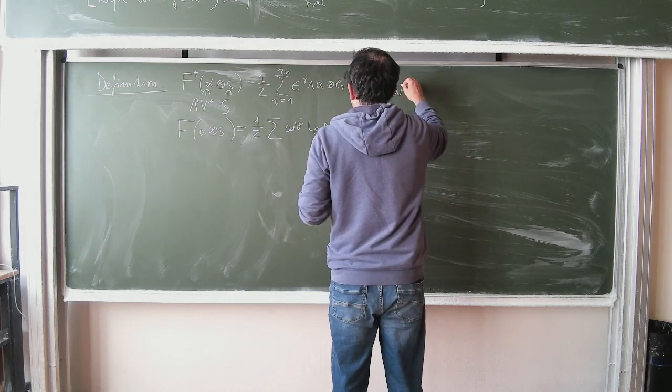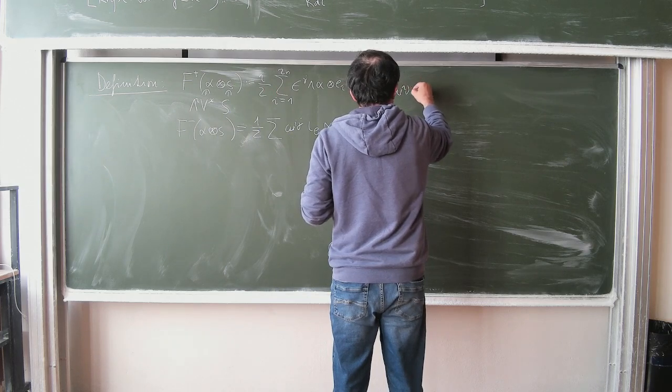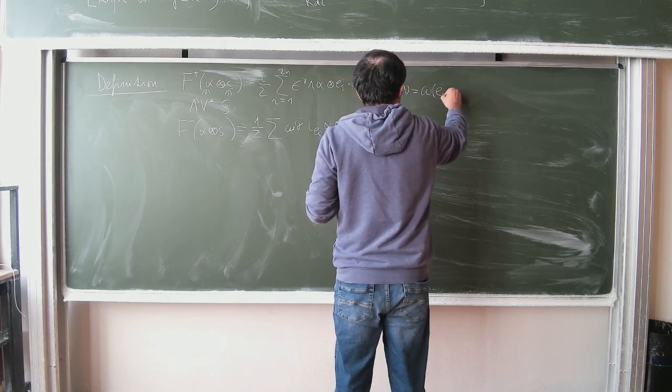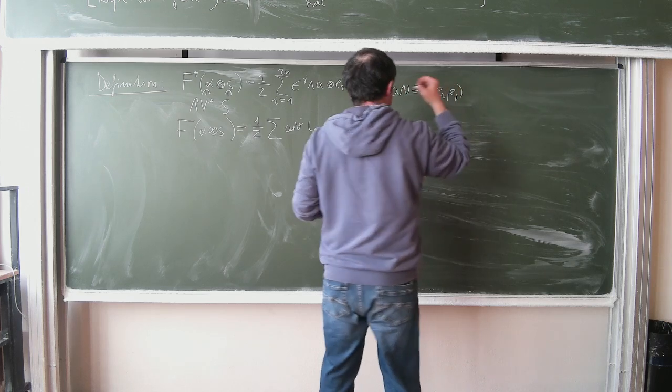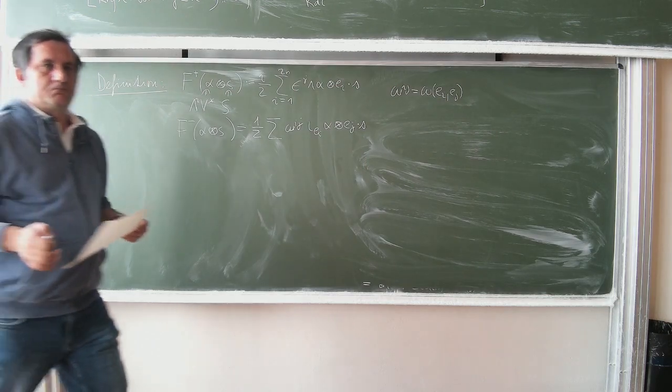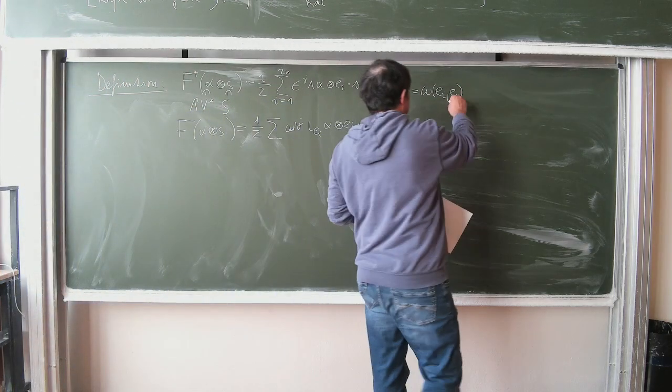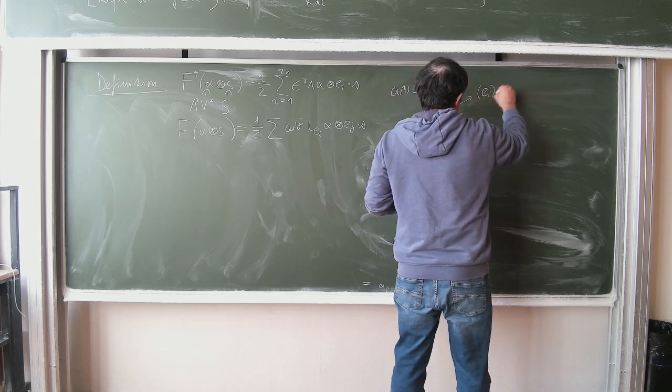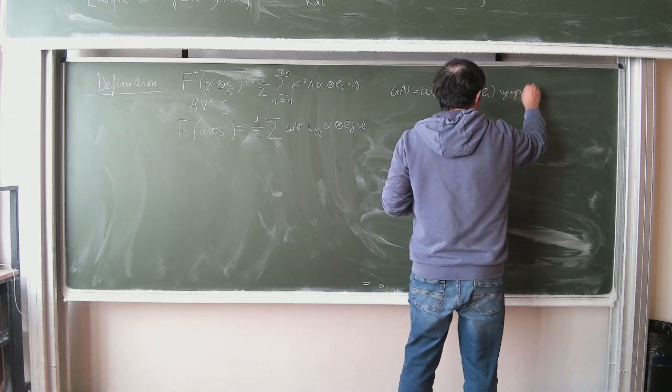So omega_ij is just omega with respect to a symplectic basis e_i.